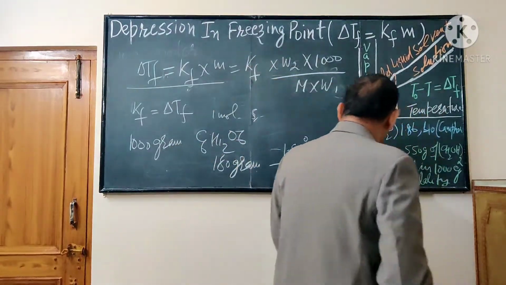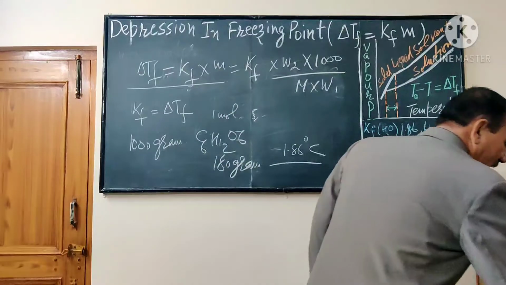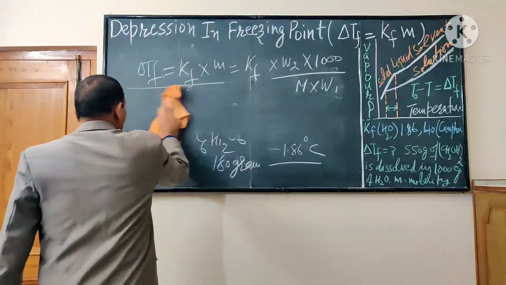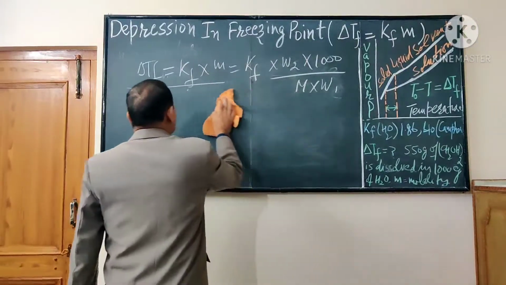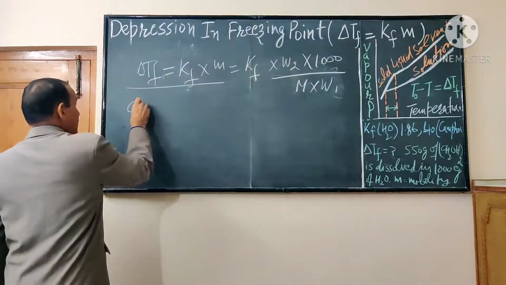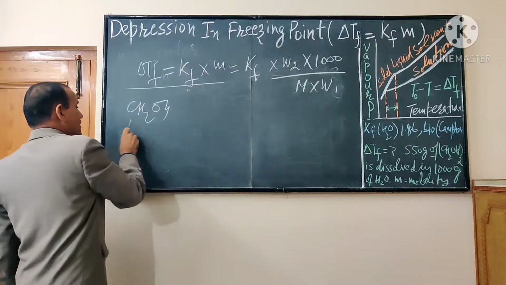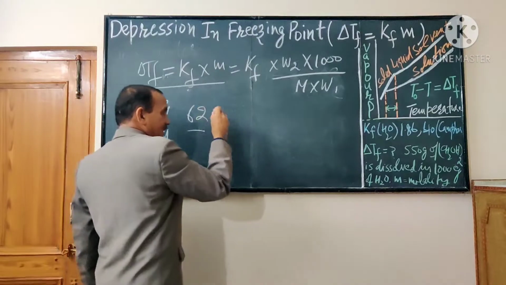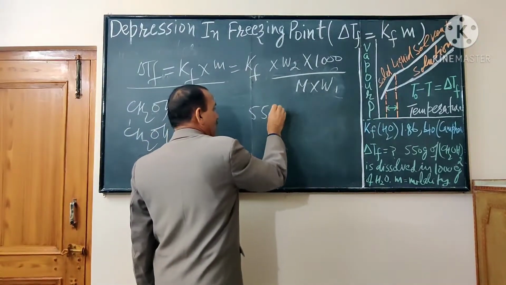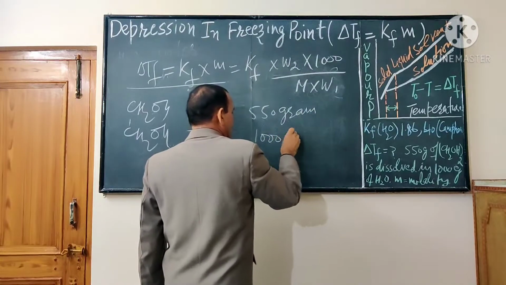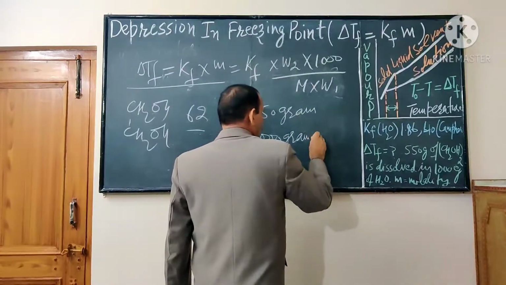So what we do? We add 550 gram of glycol compound. This is the compound CH2OH, molecular mass is 62. 550 gram is dissolved in 1000 gram of water.